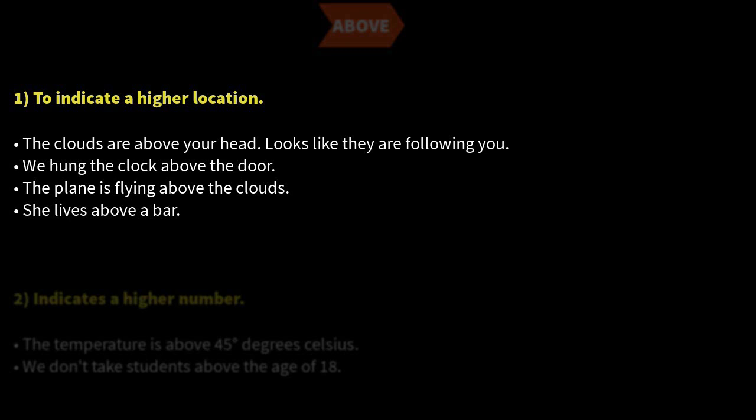Though a lot of grammarians believe that above and over both can be used to talk about the movement of an object that is at a higher place. So if I want to talk about the movement of the plane and its location, I will use over. The plane is flying over the clouds. If I simply want to talk about its location that is above my head, not focusing on the movement, I will simply use above, not over. The plane is above my head.